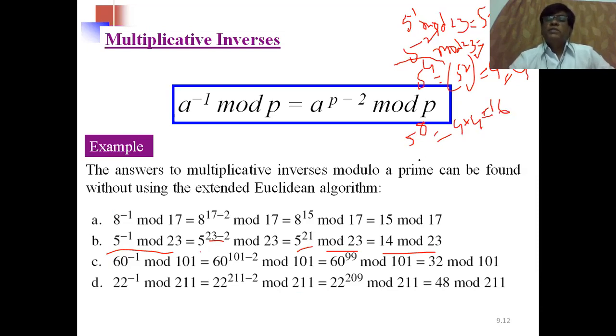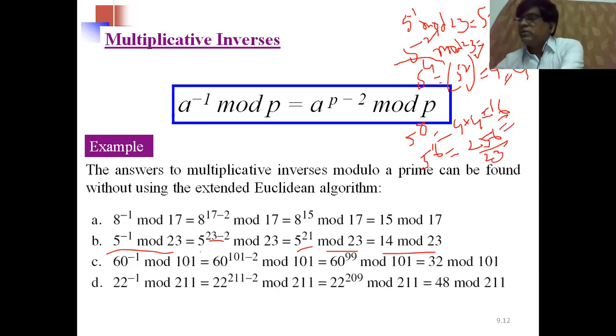Now 5 power 16 is equal to this 16 into 16, that is 256 mod 23. 256 mod 23, its value is actually 23 elevens is 253. 256 minus 253, answer is 3.